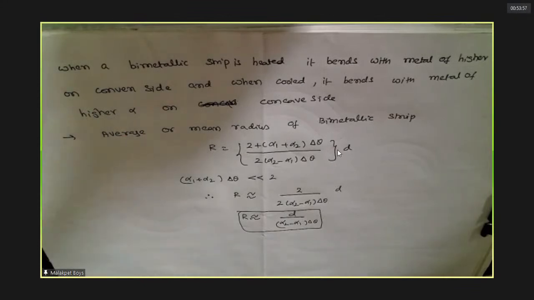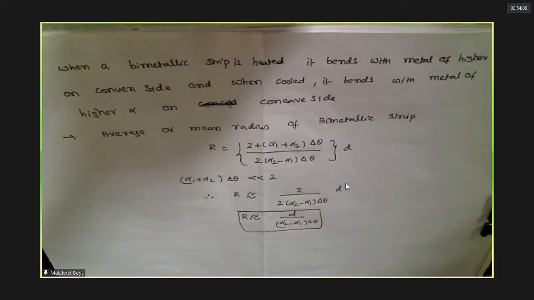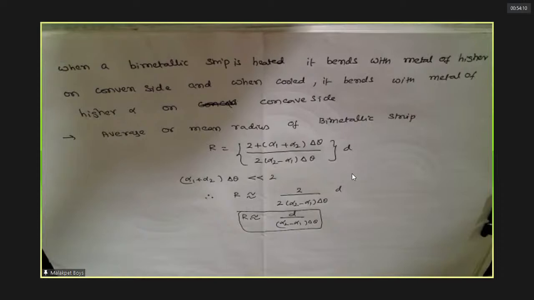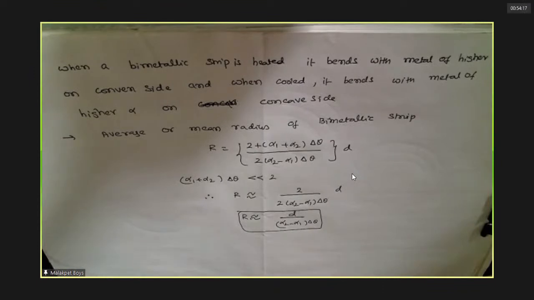Sir, wouldn't alpha 2 minus alpha 1 delta theta also be negligible? So can we take R as no. That's what I'm saying. Whenever two things are added or subtracted, you can compare, no? Negligible with what, with the D?